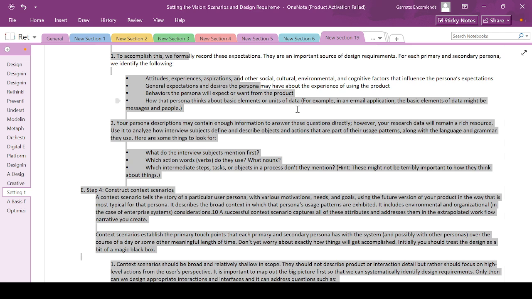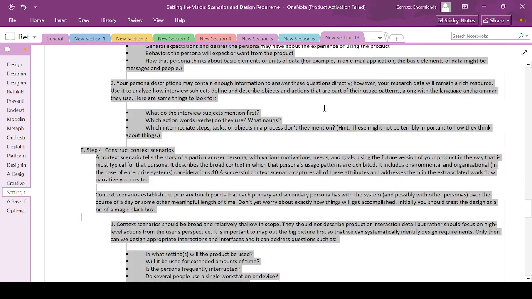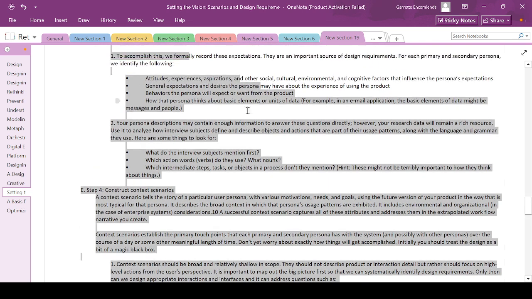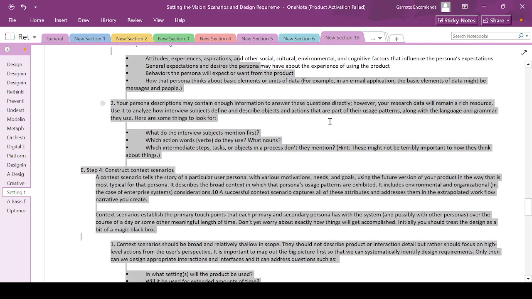So these are actually a proper format for us: attitudes, general expectations, behavior, how the persona thinks about basic elements, kind of like a more detailed view of the interface now. So these are actually standard questions that you need to answer, and they can be collected from persona details. However, your research data will remain a rich resource. Use it to analyze how interview subjects define and describe objects and actions that are part of their usage patterns.